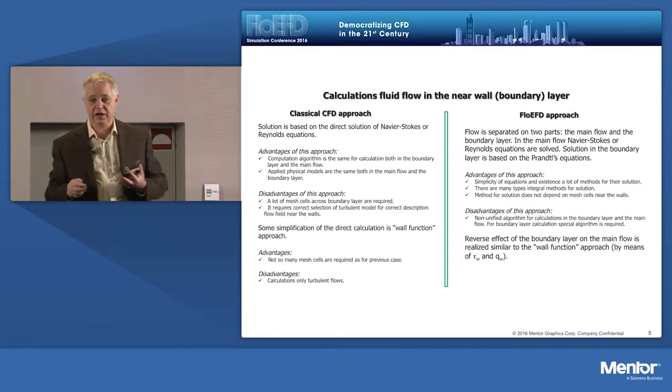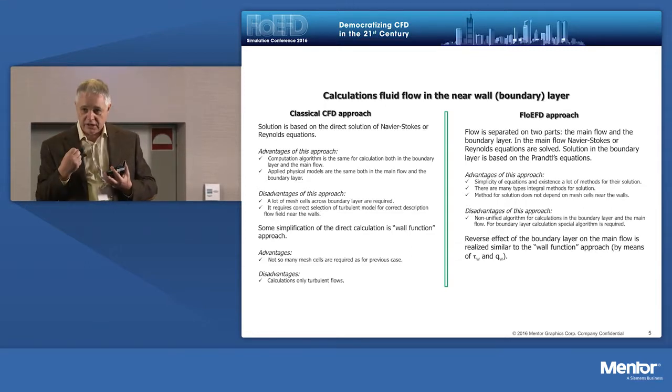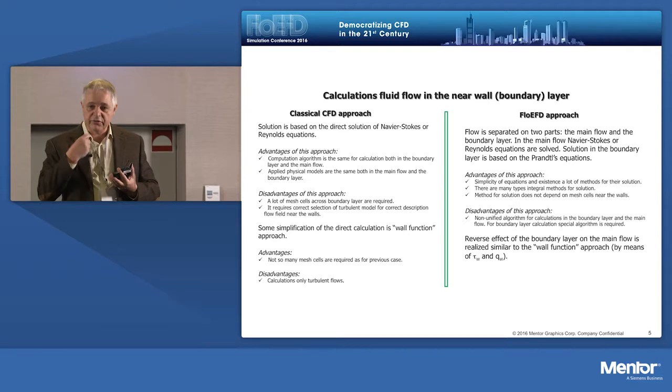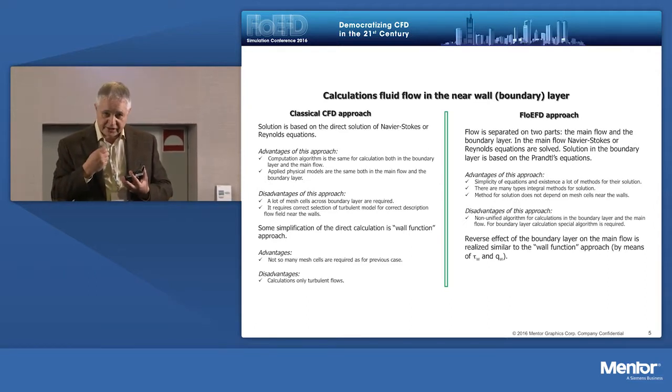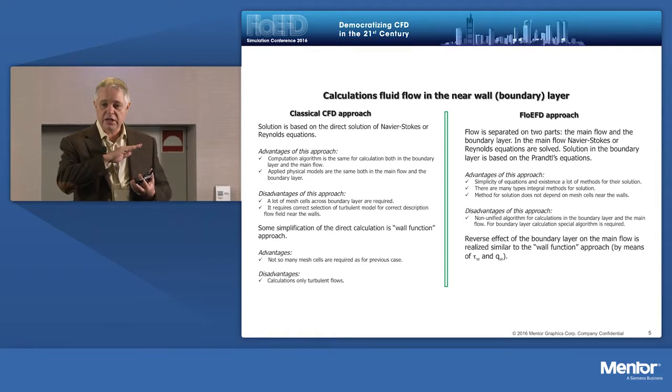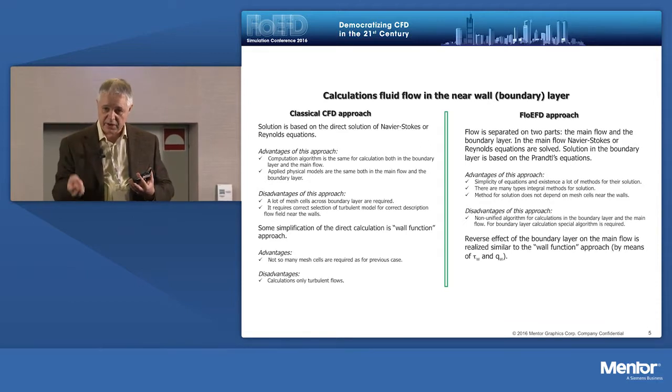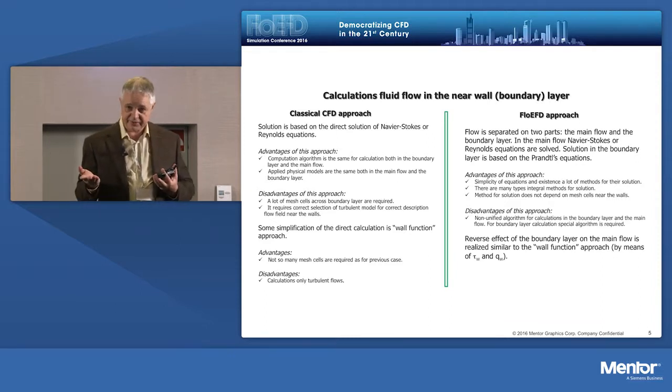The expansion ratio has to be very different. Therefore, there was the requirement to develop an integral model for the boundary layer, which will work in a wide variety of parameters like Reynolds number, Mach number, pressure gradient, and so on. And this job was done.